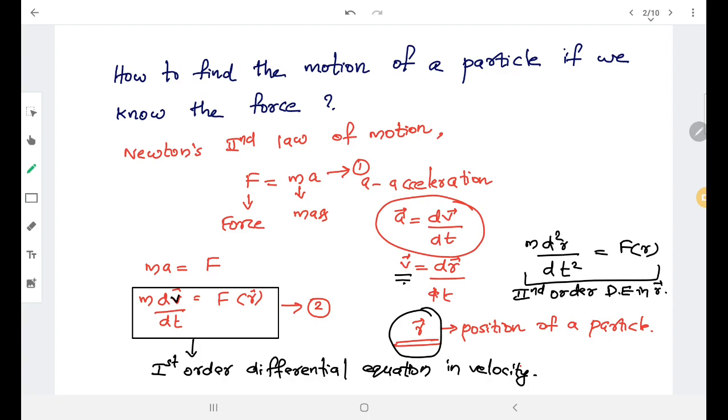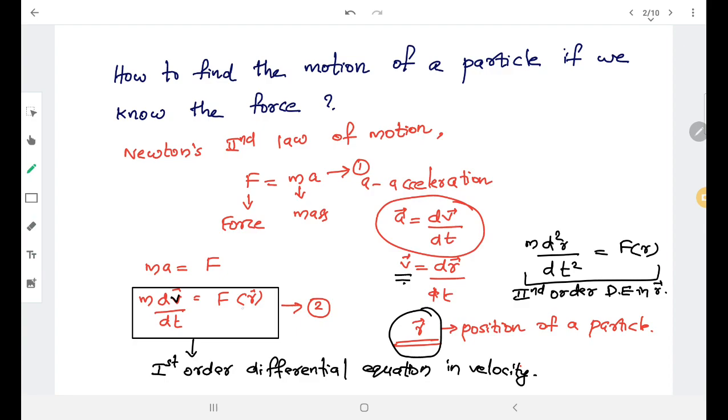So here you can think about one thing. In the LHS, we have to take the derivative of velocity with respect to time. So to integrate this equation and to find out the velocity, the force must be a function of time.